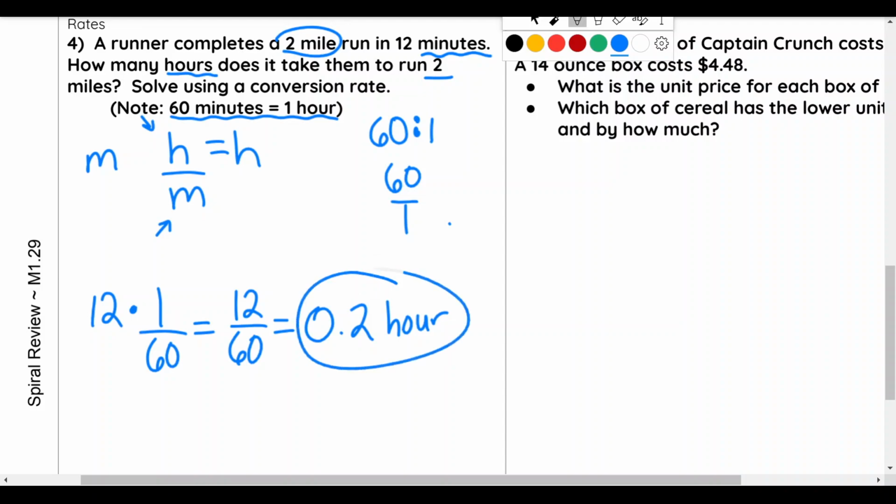It is possible that you looked at the fraction 12/60ths and also saw it as the fraction 1/5 of an hour. So it will take them 1/5 of an hour to run 2 miles.